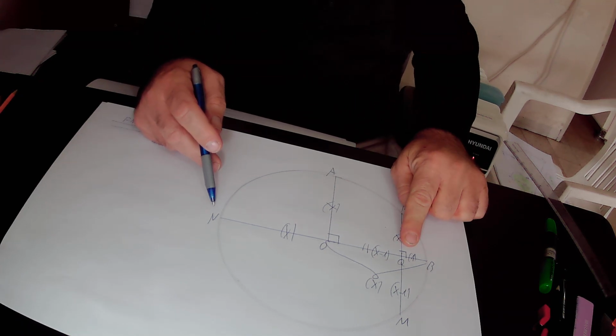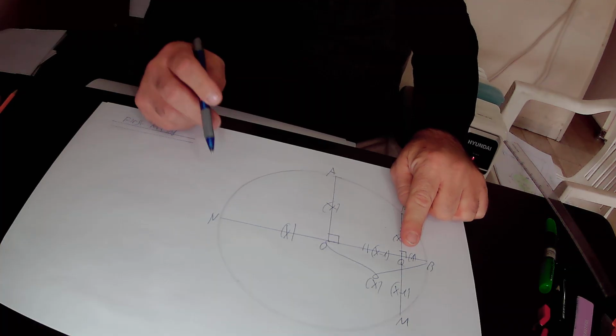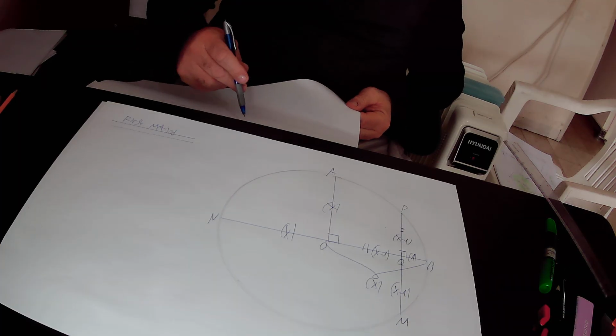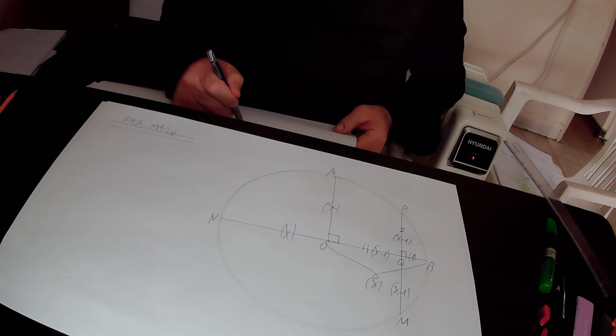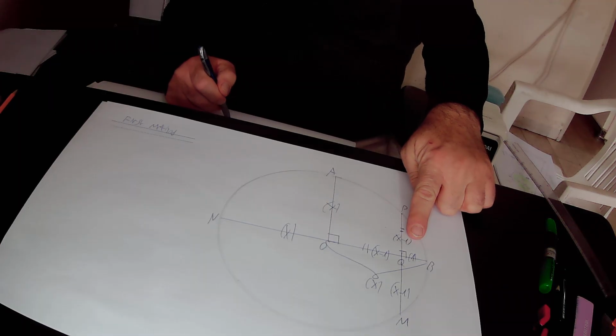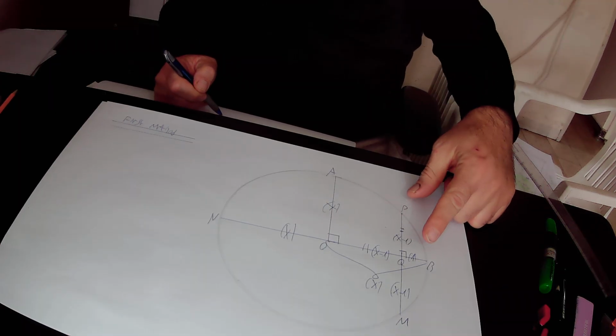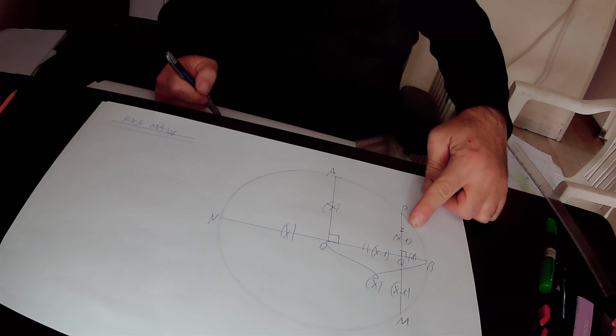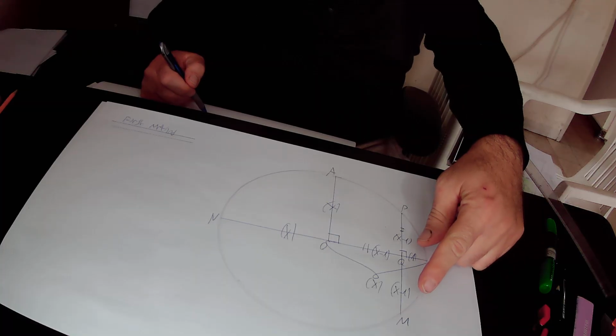NQ equals NO, that is X, plus OQ, that is X minus 1. So in total, NQ equals 2X minus 1, times QB. QB is 1. And this equals PQ, which is X minus 1, times QM.